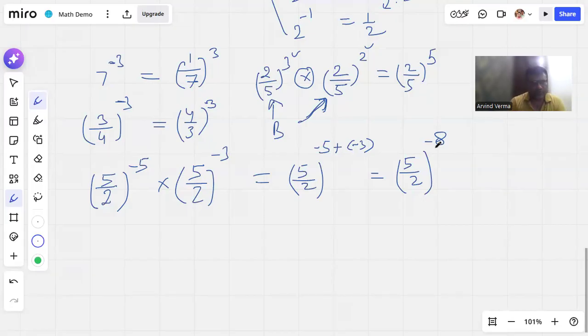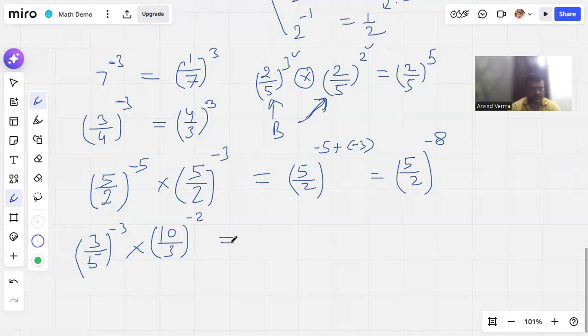Now we'll solve some questions on exponents. (3/5)^-3 times (10/3)^-2. Just try to get rid of these negative exponents.